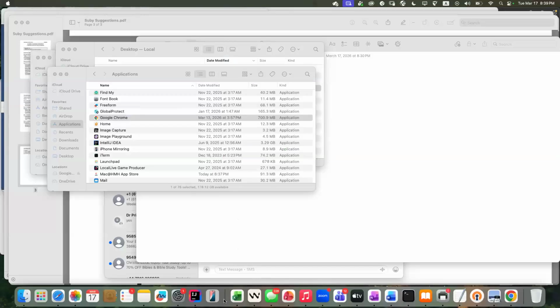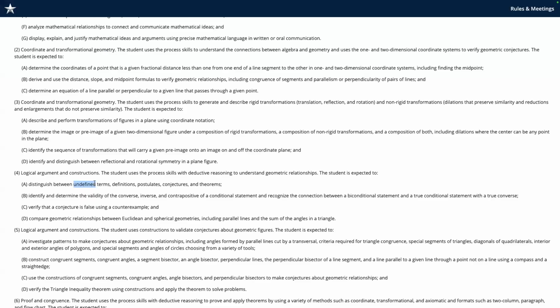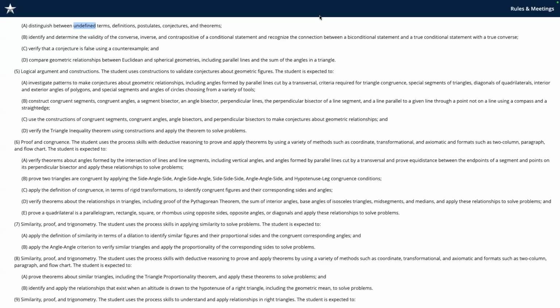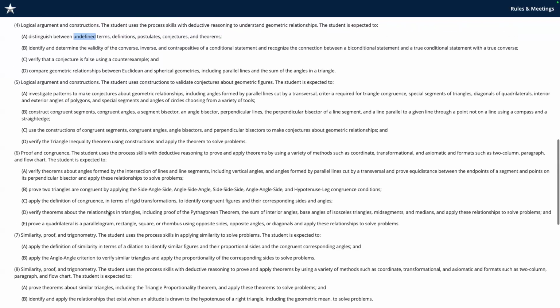That would be helpful. But note it down, guys. I send it out in chat. These are the benchmarks that will be tested. You should be able to answer each of the questions, and if you have any doubts, you are going to come back. Make sense?